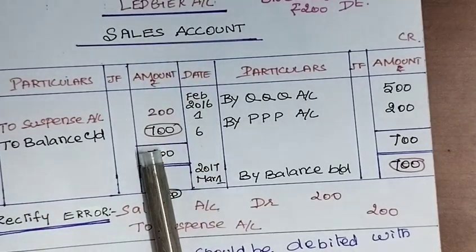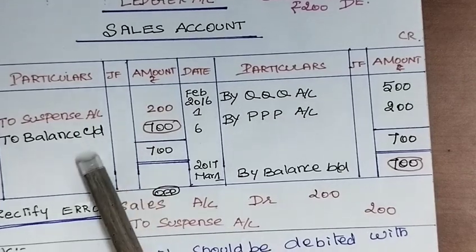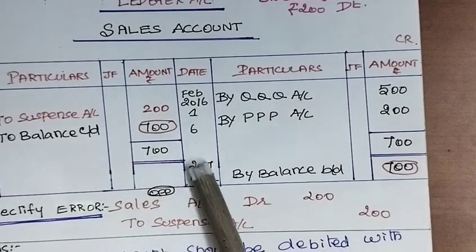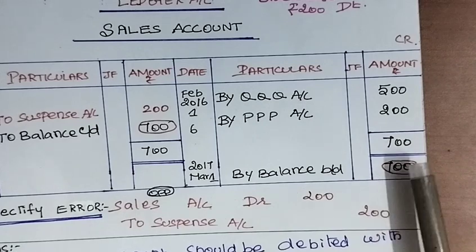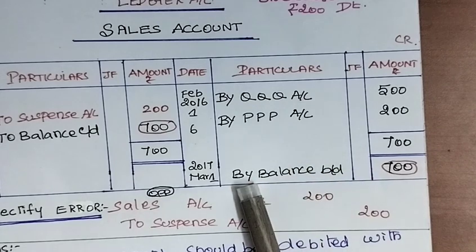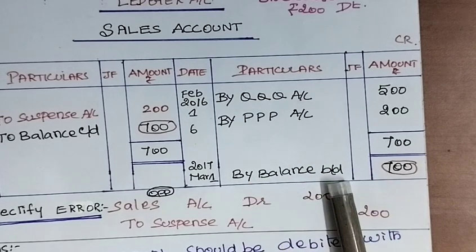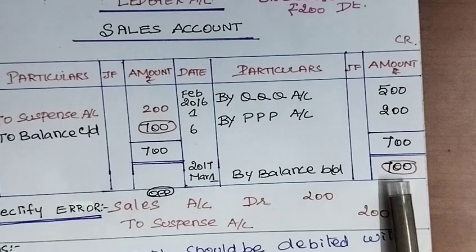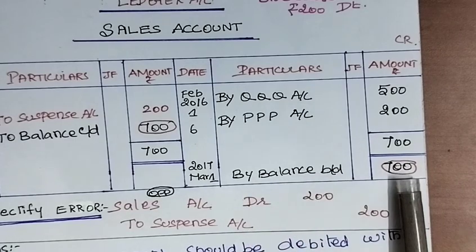Then we bring it down, 700, to the opposite side below the total, and write by balance brought down 700 rupees. This is the opening balance of the sales book.